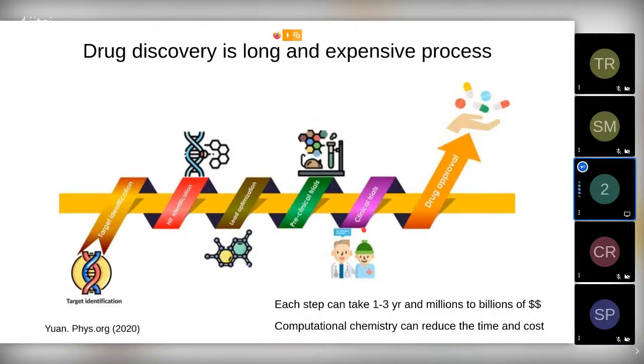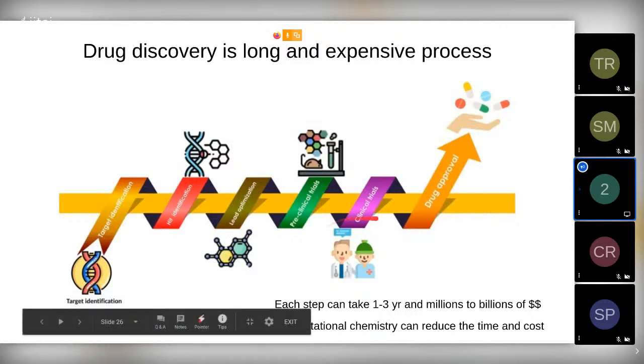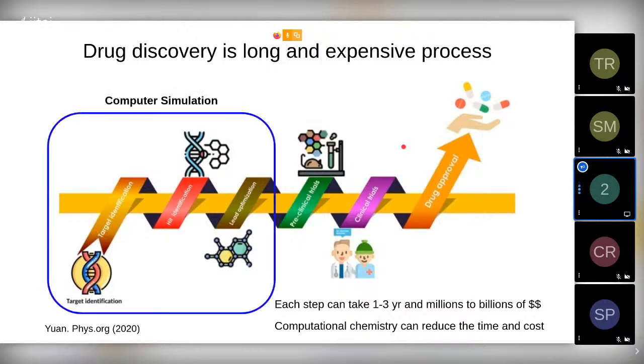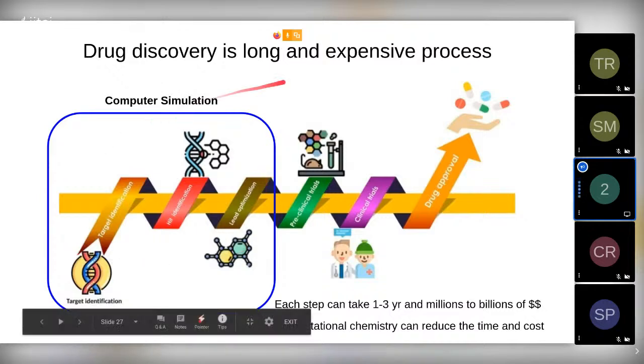After which we go to the clinical trials on humans, and after that the drugs are approved and available on the market. Each of these steps can take 1 to 3 years of time and billions of dollars, making the overall process extremely expensive and time consuming. Computational chemistry can reduce the time and cost by taking the first three steps into the virtual world.